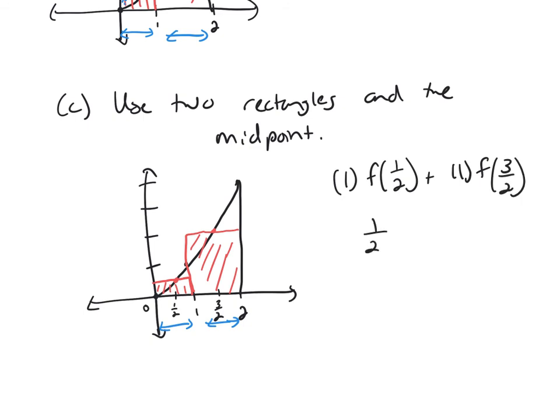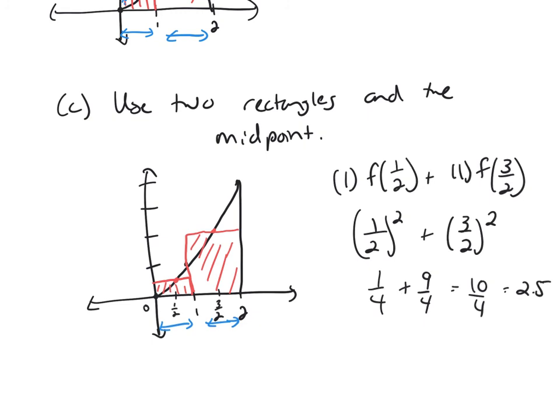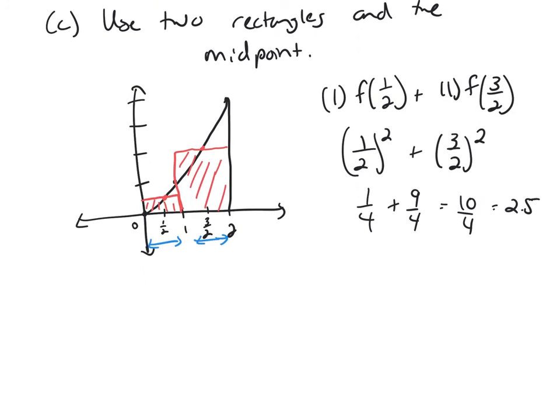So my function was x squared, so it'll be 1/2 squared plus 3/2 squared, 1/4 plus 9/4, 10/4, or 2.5. And if you look at this picture compared to the other ones, you'll see that this is a better estimate than either 2 before.